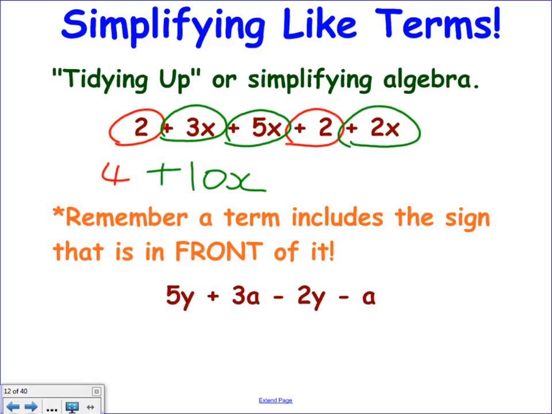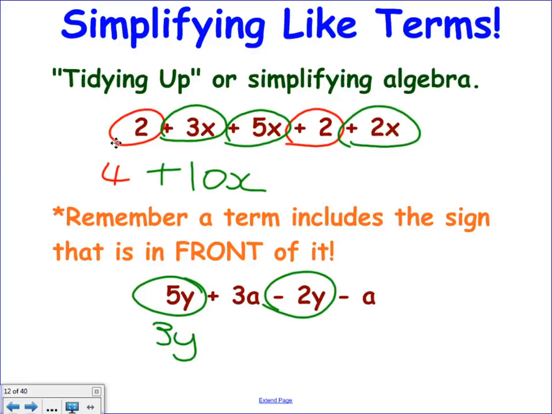Okay? Remember to include the sign that is in front of the term, because that tells you whether you're adding or subtracting. So on this one, let's have a look at this. What's my first term? It's a y term and it's positive. We like that. What else have I got term-wise? Minus 2y. So this is telling me what to do with them. I've got 5, I take away 2, so I end up with 3y's.